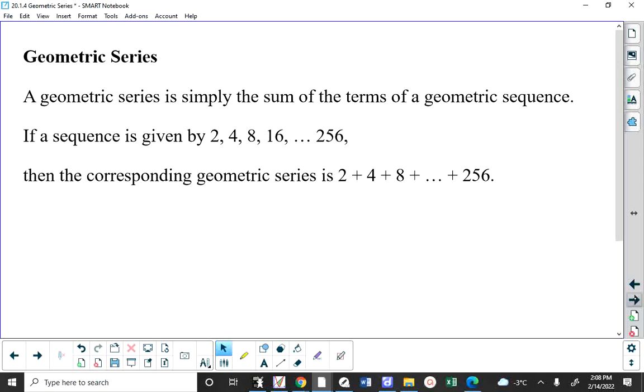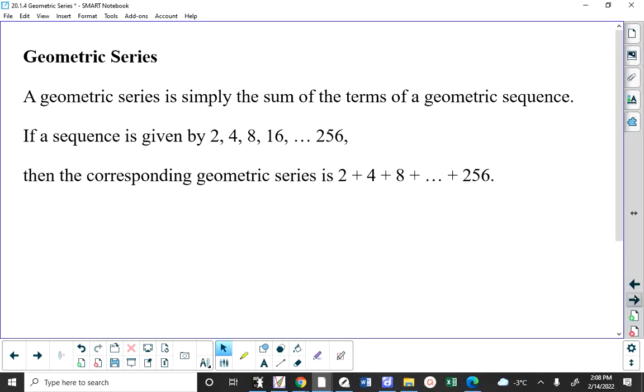A geometric series is simply the sum of the terms of a geometric sequence. So I don't think I would ever ask you this, but a sequence is just the items. Series is the sum of the items, right? So if it's a geometric series, then it's the sum of the geometric sequence terms.